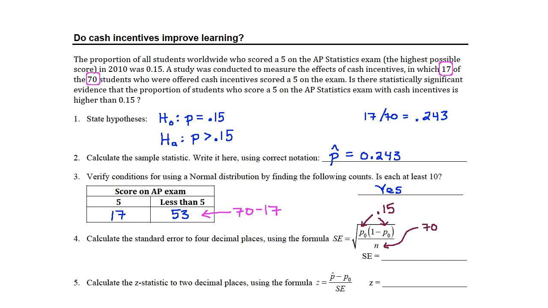So this calculation for standard error looks like a big square root, 0.15 times 1 minus 0.15, which is 0.85, all divided by 70. Remembering that we always take our standard error to at least 4 decimal places, I get 0.0427.